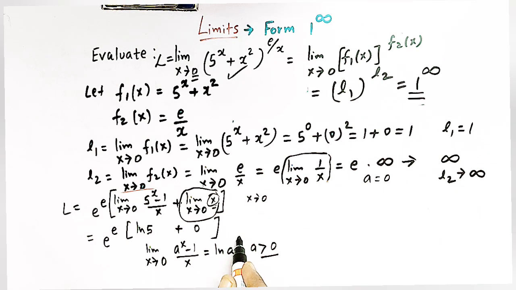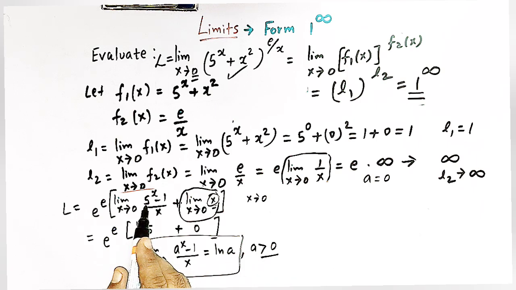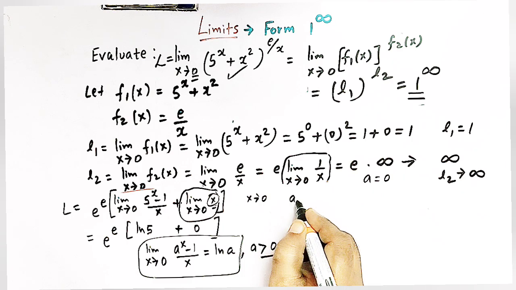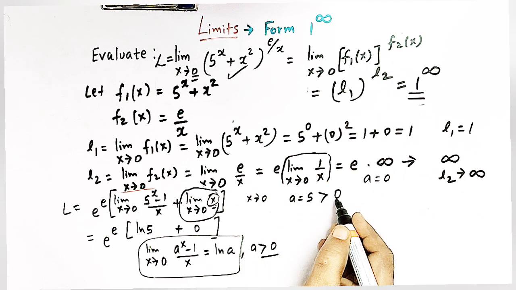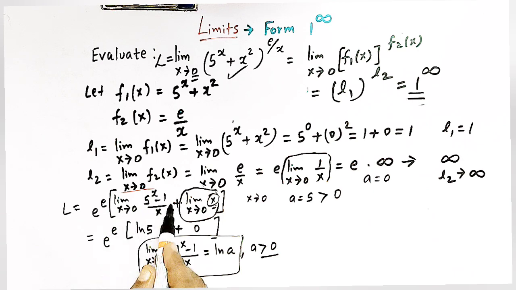So using this standard result from limits, that is limit x tends to 0 of (a raised to x minus 1) over x is equal to natural log of a when a is greater than 0. Here the value of a is 5, right? And 5 is obviously greater than 0. So the value of this limit is equal to natural log of 5.